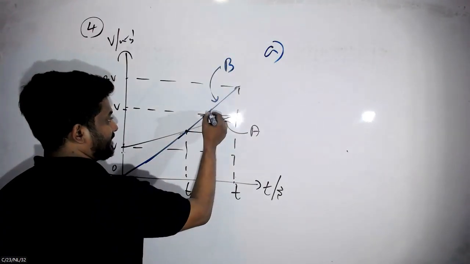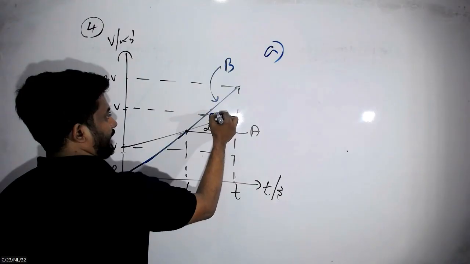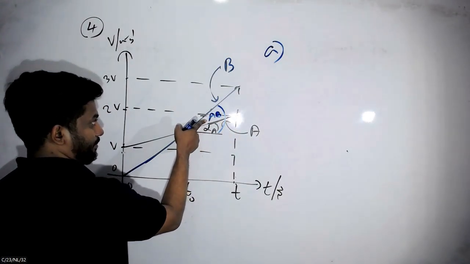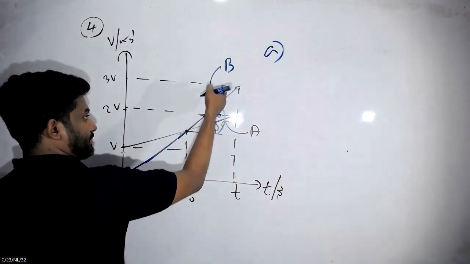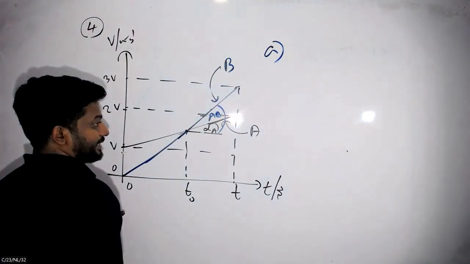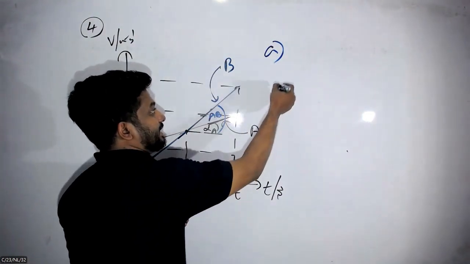That means accelerations are positive for both. But you can observe that the acute angle made by the B curve is greater than the angle made by the A curve. That means the acceleration of B is greater than the acceleration of A, right?